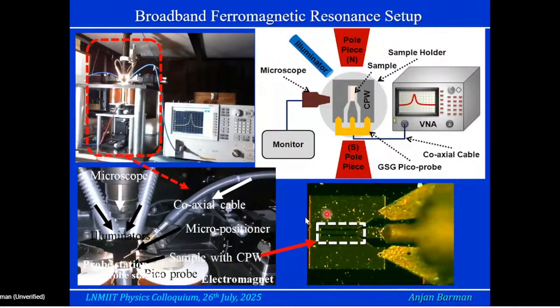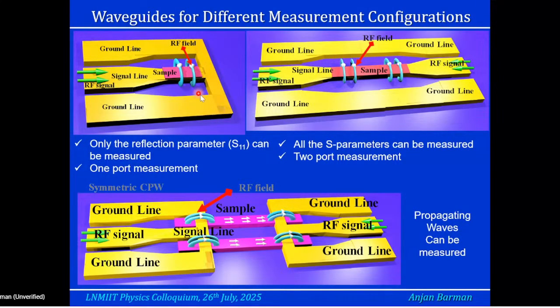So you have a coplanar waveguide, and there are probes by which you launch RF or microwave current, and you measure the absorption of that by the magnetic material which is under this conduction line. These are different kinds of waveguides, shorted line, open line, and so on.